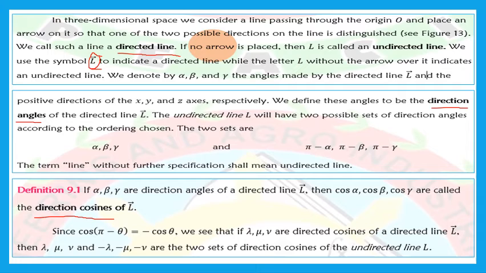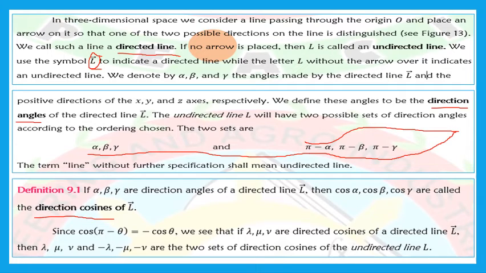So we see that if lambda, mu, and nu are direction cosines of a directed line L, then lambda, mu, and nu and their negatives are the two sets of direction cosines of the undirected line. Okay, so etong dalawa na to, two sets na to, sila yung direction angles ng undirected.